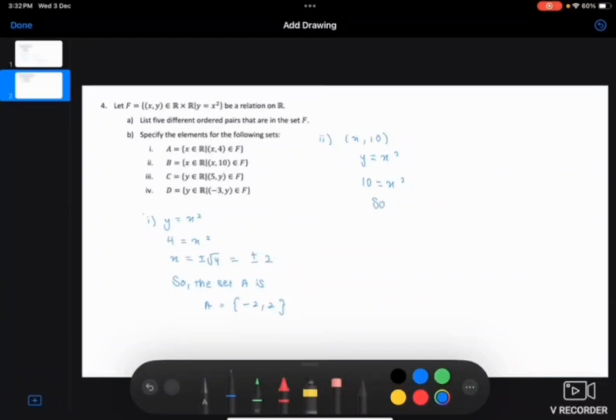Solving for x, x will give you plus minus square root 10. Therefore, set B is the set whose elements are negative square root 10 and square root 10.